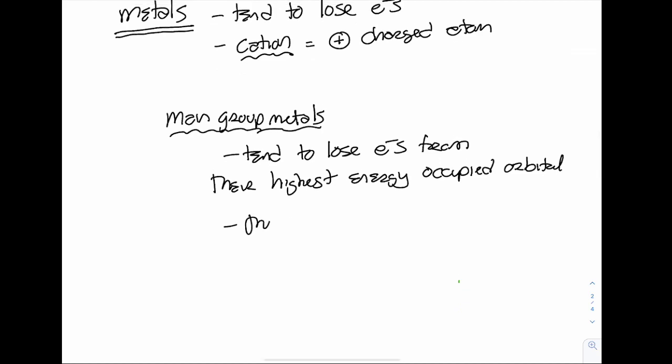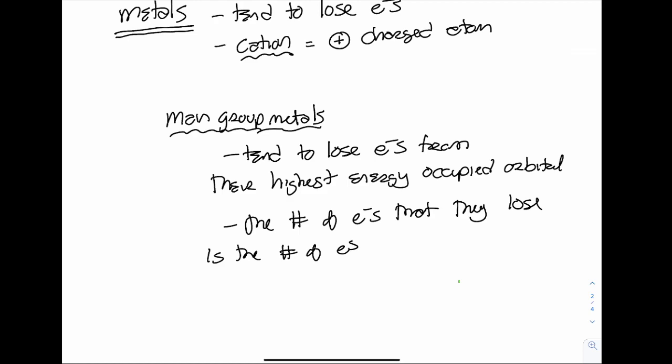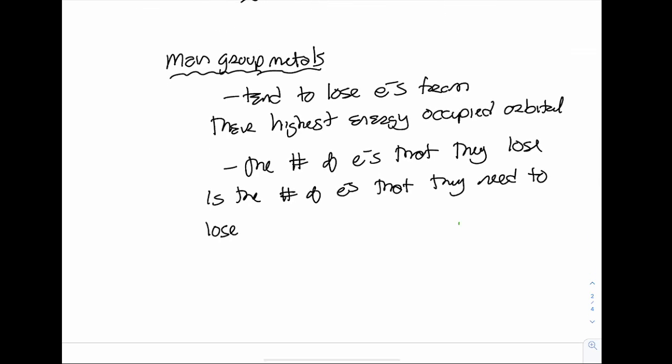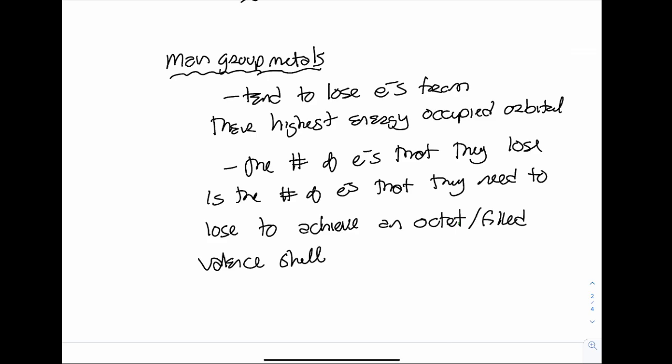And then the number of electrons that they lose is the number of electrons that they need to lose to achieve an octet. I'm going to write this a few different ways. Filled valence shell. I do have to define the word valence for us yet.